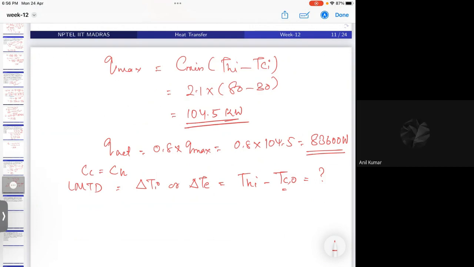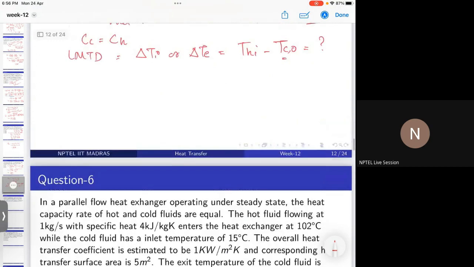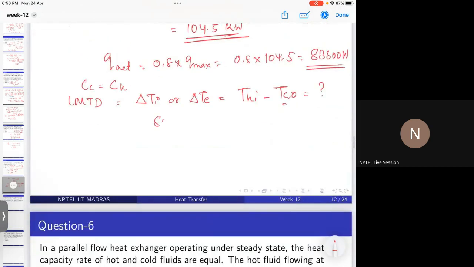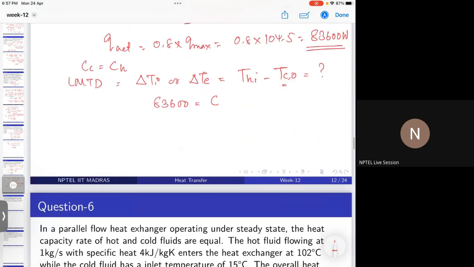From effectiveness, you can just use the energy balance. You know the actual heat transfer, and you know the specific heats. So Q is equal to C of cold fluid times Tco minus Tci.